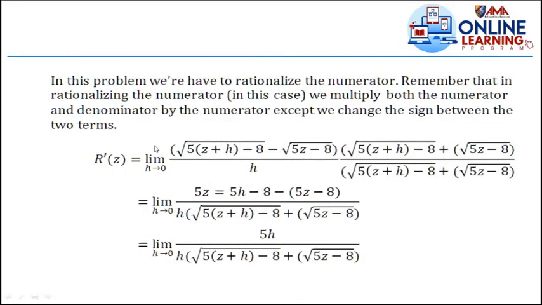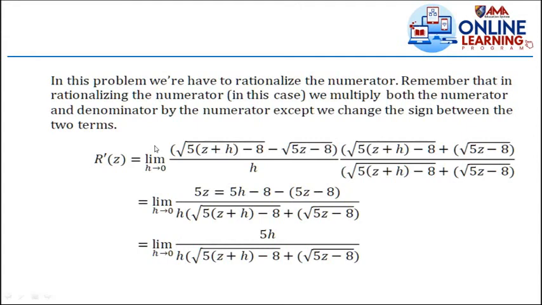Okay? In this problem, we have to rationalize the numerator. Remember that in rationalizing the numerator, in this case, we multiply both the numerator and denominator by the numerator, except we change the sign between the two terms. Okay? So, tulad po ng if your answer is 1 all over square root of 2, that is not yet your final answer. Gagawin po natin doon, we're going to rationalize the denominator.